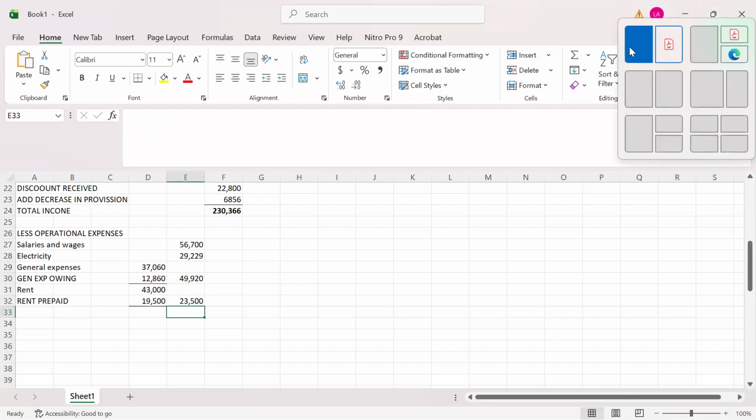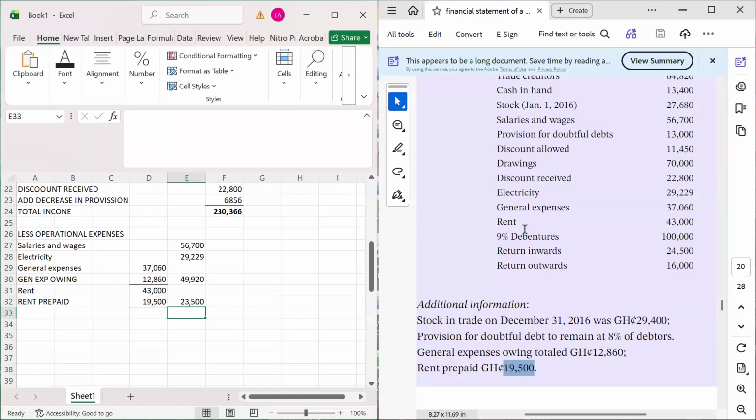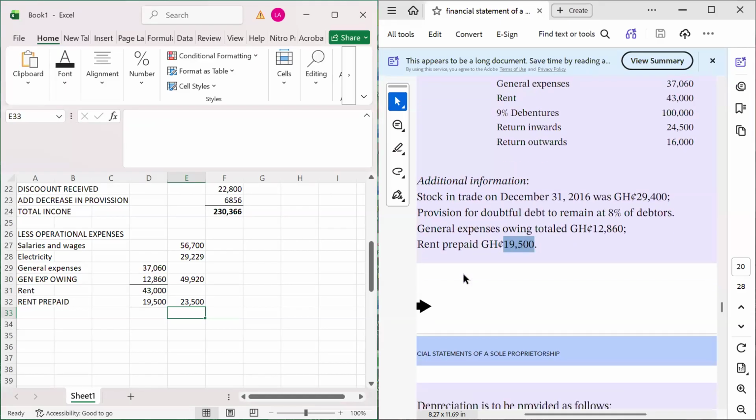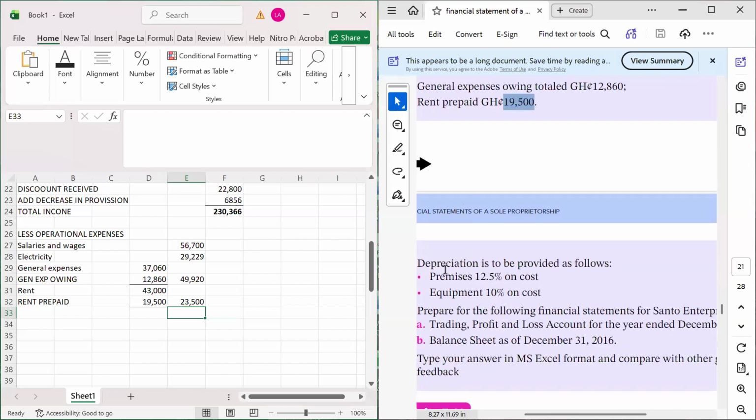Let's go back and see whether we still have some expense. Rent, the venture, inward, we have treated this. So let's go into the note again and see. The continuation of this note says that depreciation is to be provided as follows. Premises 12.5% on cost.